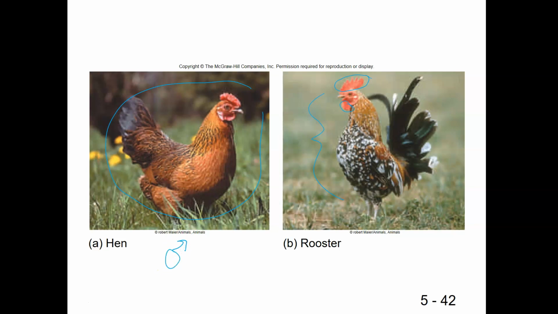Hen-feathered males exist in the population because they're able to more easily reproduce with females because they blend in with the females. Roosters go after roosters. They will beat off other roosters so that other roosters can't breed with their harem, with their hens. If you have a male that can blend in with the hens because he looks like one of the ladies, well, then that male will be able to pass his genes on at least as effectively as this guy right here.